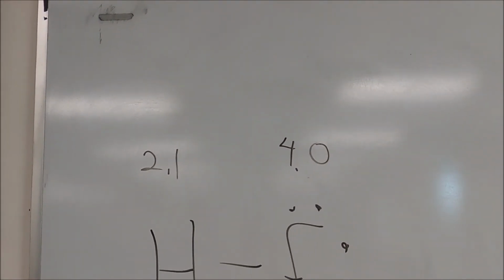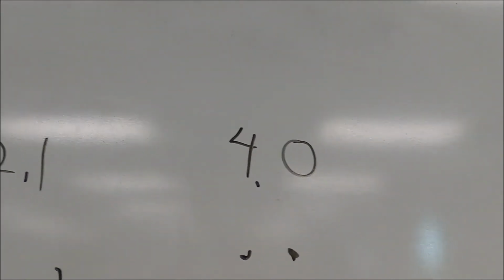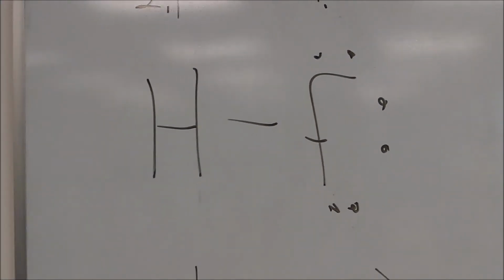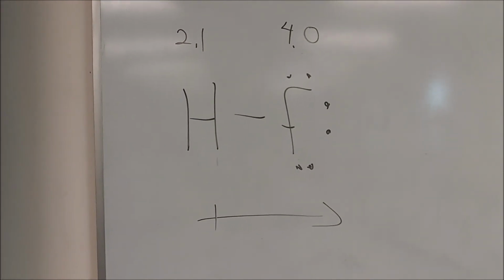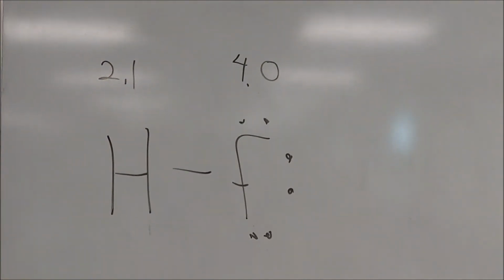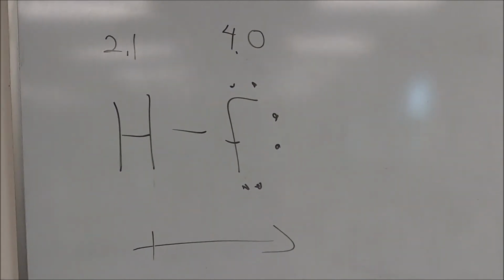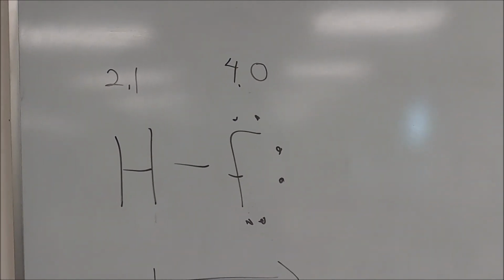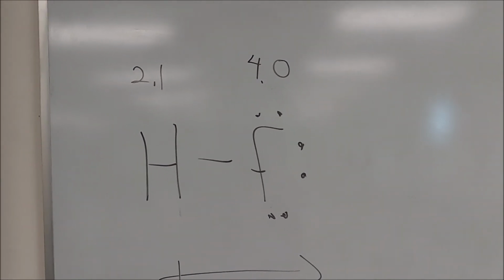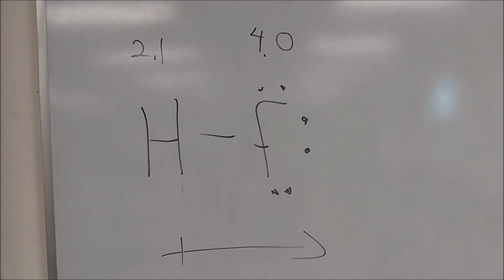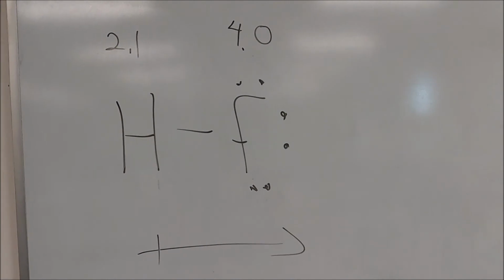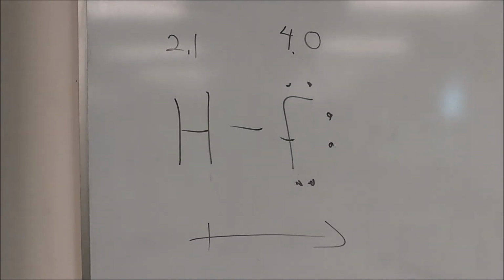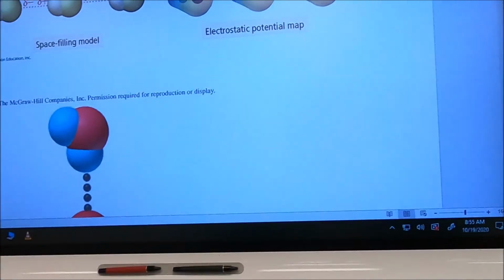That means that this bond is very polar and the electrons are being pulled from the hydrogen to the fluorine. And notice that the fluorine has 3 lone pairs of electrons. This has a difference in electronegativity of 1.9, which is a pretty good difference. It's still covalent, but boy, is it polar. So it's a very polar molecule.